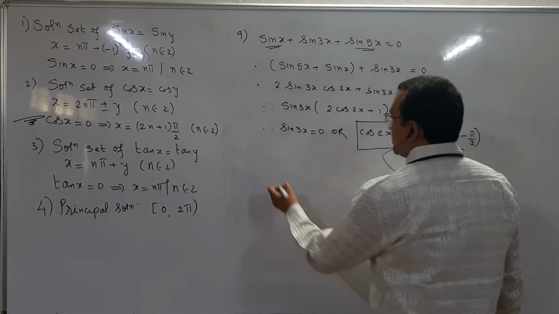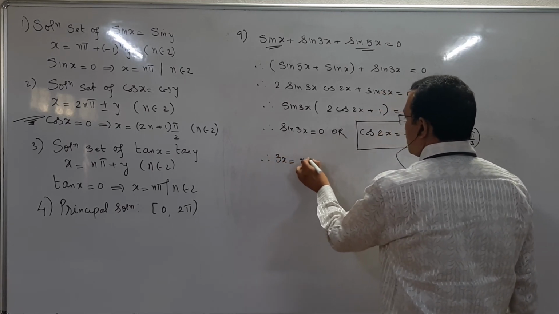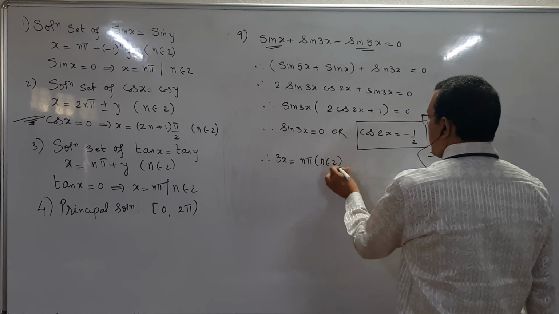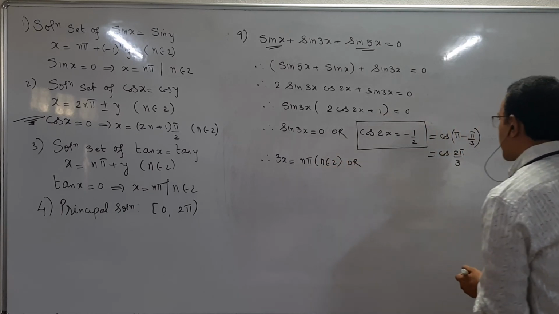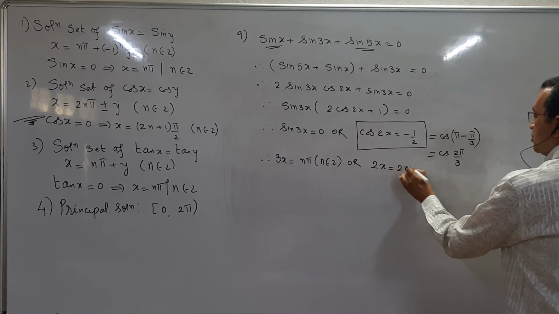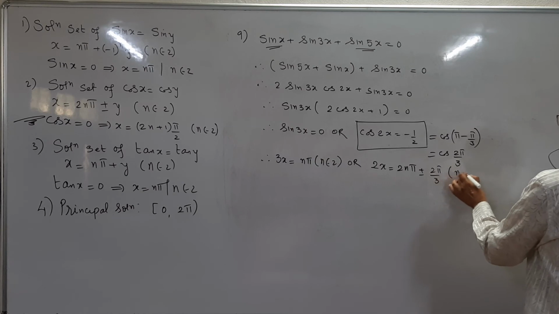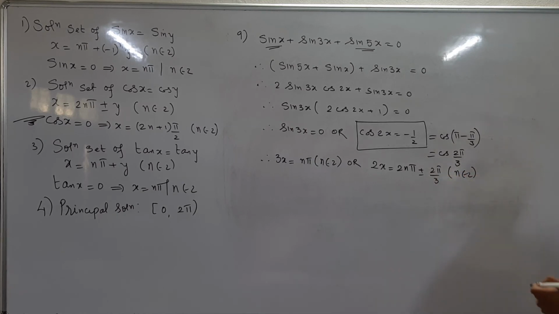So here, the set of zeros of the sine function: 3x is equal to n pi, where n belongs to Z. And here 2x is equal to 2n pi plus or minus y, where y equals pi by 3.